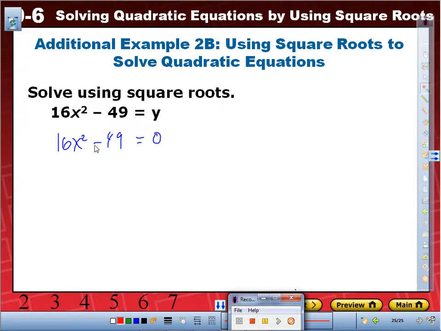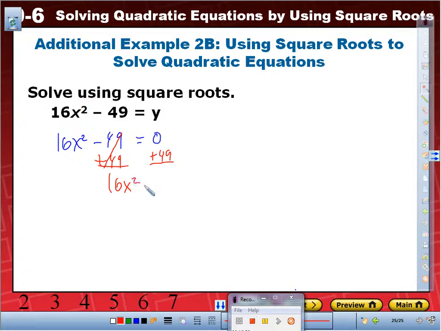All right, here we go. Inverse operations. I start here, so I add 49, add 49. We're left with 16x squared equals 49. So, first step was to isolate the variable. Is the variable isolated yet? No, we still have that 16 that's doing what? Multiplying. What is the inverse? Divide by 16.